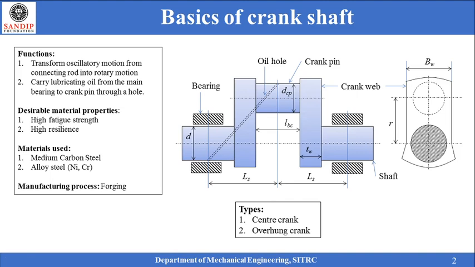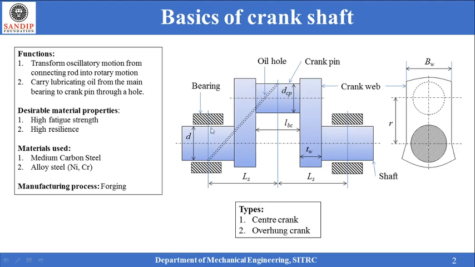Now let us understand various important dimensions in this crankshaft. DCP is the diameter of the crank pin. LBC is the length of the crank pin. TW is the thickness of the crank web. BW is the width of the crank web. D is the diameter of the shaft.